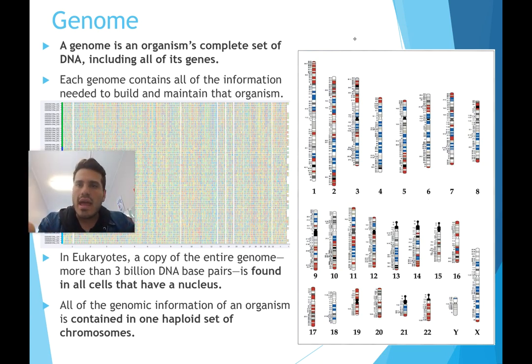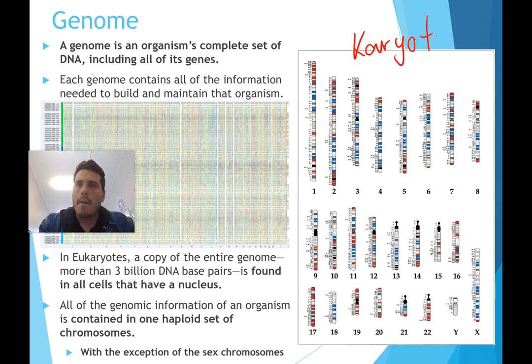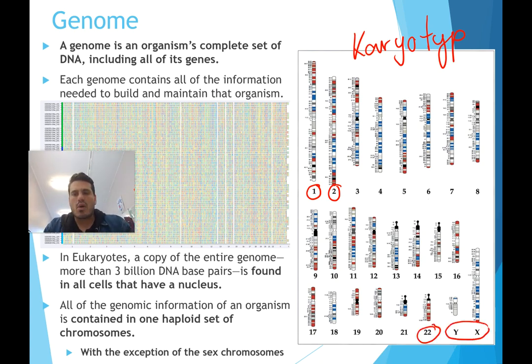This is what we call a karyotype. It's a very complex karyotype, but it is a karyotype. You can see that we're just going through and showing all of the human chromosomes. So we have chromosome 1, 2, all the way to 22. But then we have the exception that we need both sex chromosomes, especially if you're talking about a male, because the two sex chromosomes are different.